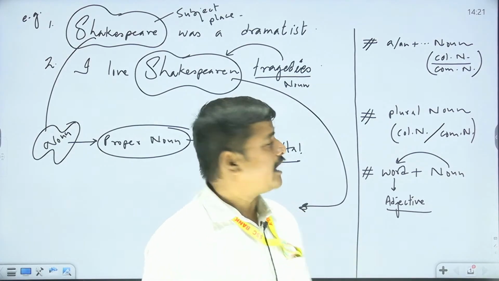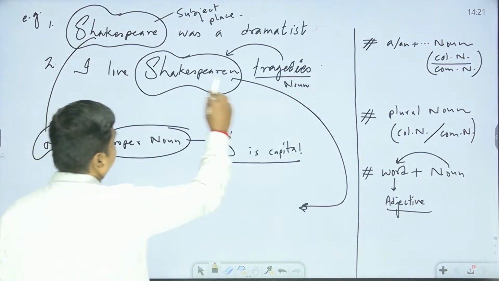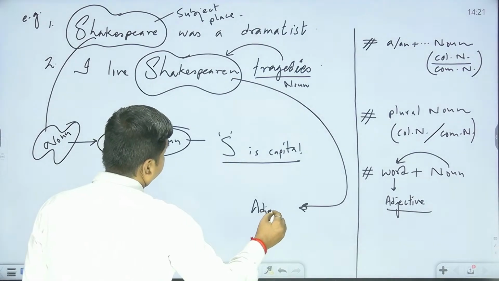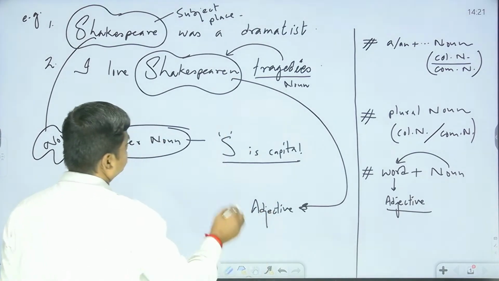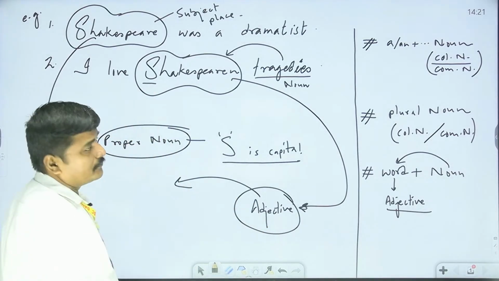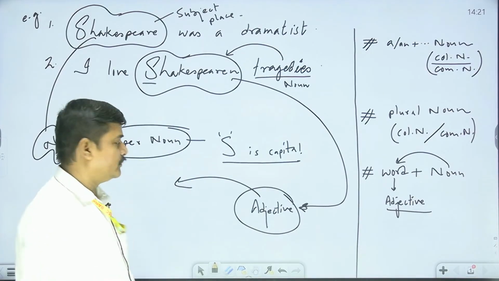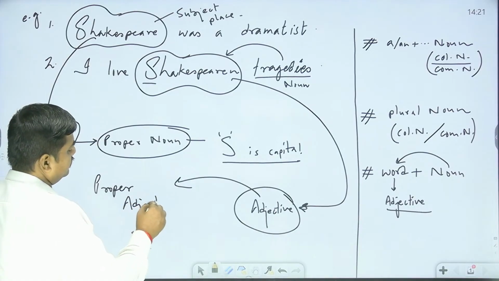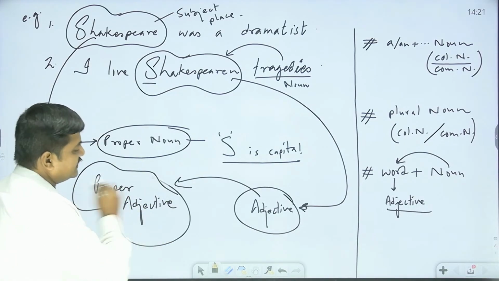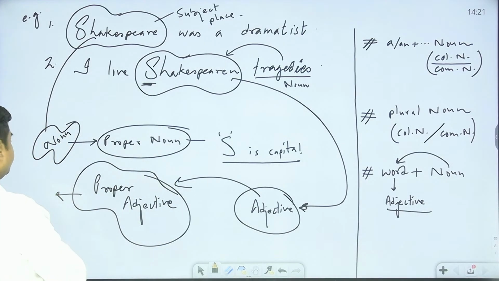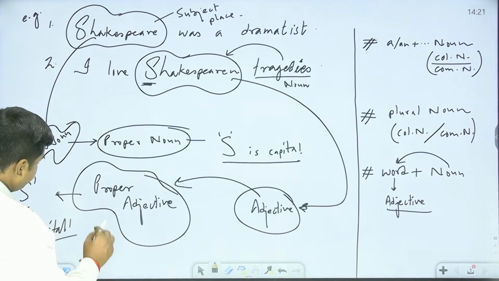How will it help you? It will help you to know that this is an adjective because it is just before a noun, so it is telling about the noun. And we know that this is a proper adjective because it originated from a proper noun. So its name is proper adjective. This is the most important thing, and that's why it also starts with a capital S. You can see that it is capital here as well.